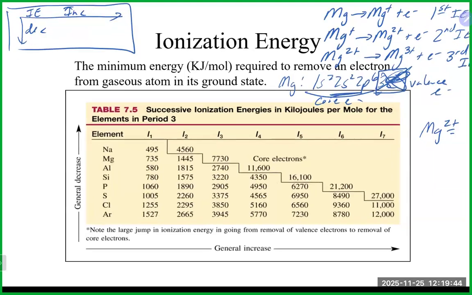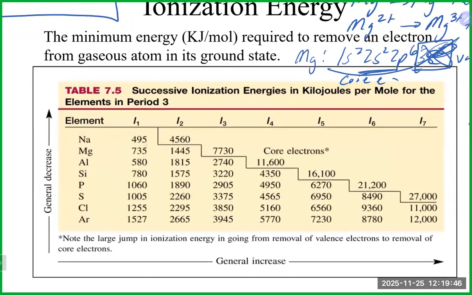So if we take a look at the chart here, you can see that to get rid of the first electron, it's like 735 kilojoules of energy. To remove the second one, it increases, almost doubles. It's about 1,400 kilojoules of energy. Now, if you want to rip off that third one, which is a core electron, you're now looking at about 6 times the amount of energy, and it's not going to happen under normal conditions.